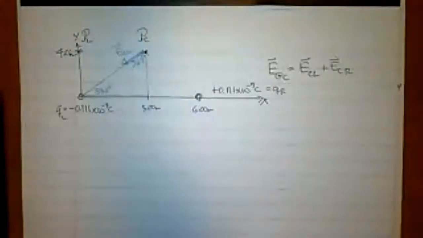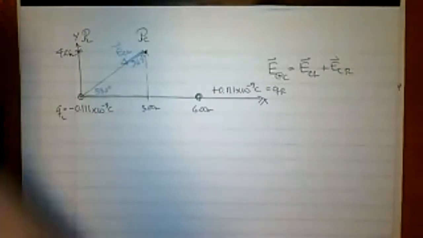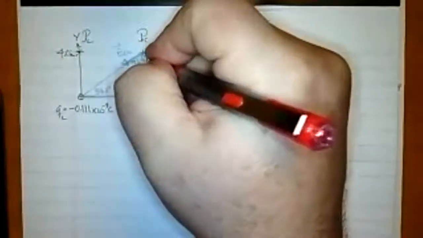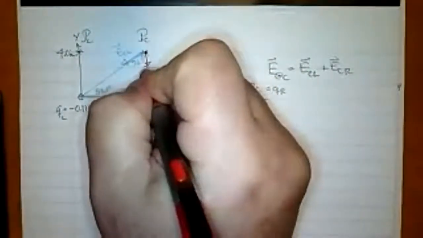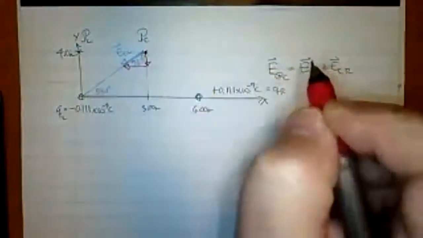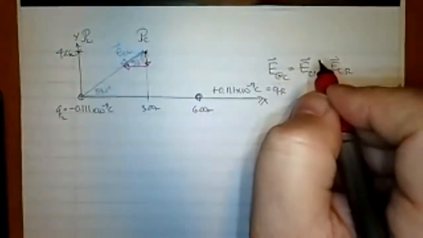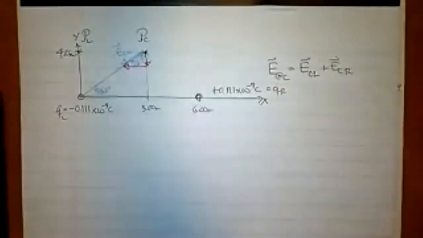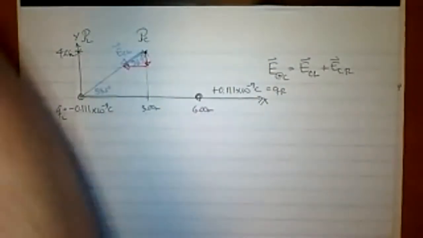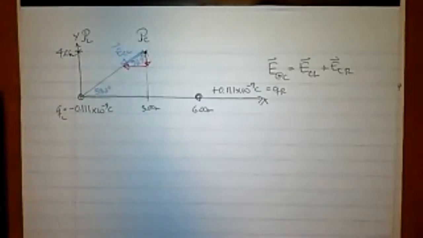So when you look at it that way, you can see, oh, okay, well, this is clearly a vector that has a negative y component, so I'll make it red, and a negative x component, so I'll make it red. So now I got to calculate the magnitude of the ECL. That's the easy part. That's just using the formula. I got to calculate the magnitude. Then I got to use trig to figure out the components of it.